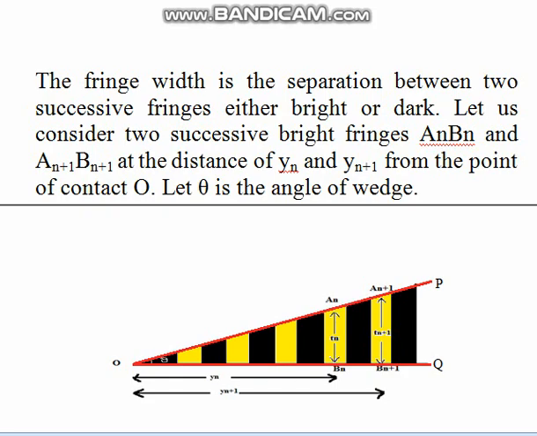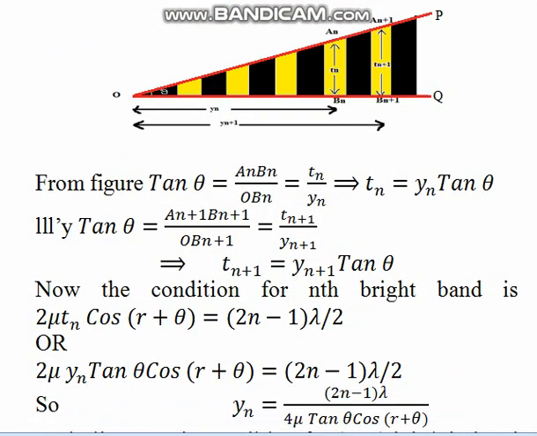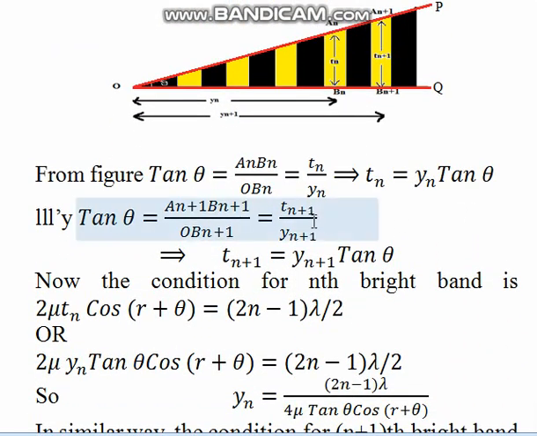Okay, so let's see the further expression. Let's apply the tan theta formula in the small right triangle AnBnO. AnBn is Tn, and OBn is equal to Yn.